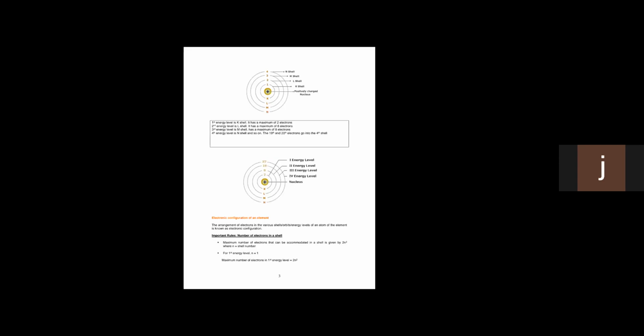Before we look at the energy levels in an atom, let's look at the chemical symbols of the first 20 elements. Once we know the chemical symbol and the atomic number for the first 20 elements, then we can move on to electrons, energy levels and electronic arrangement of the first 20 elements.